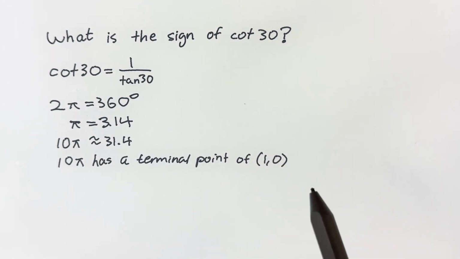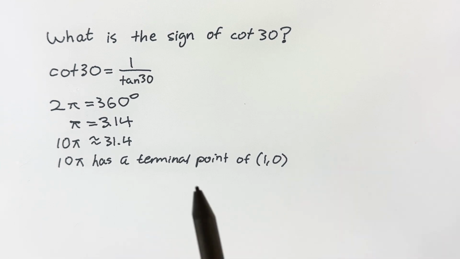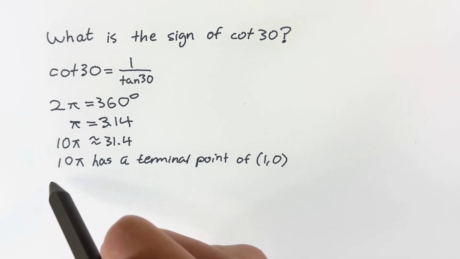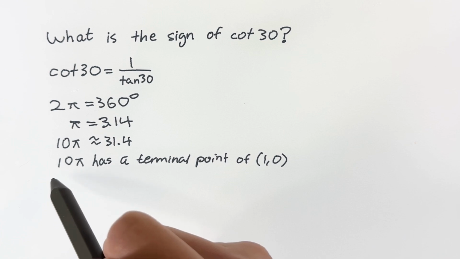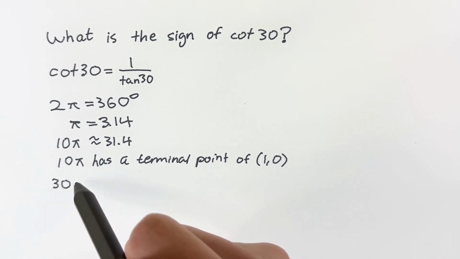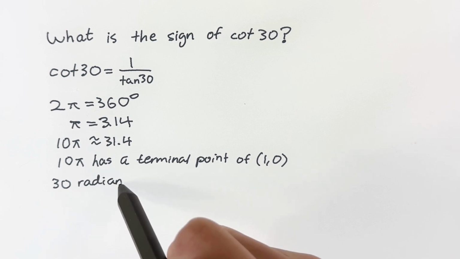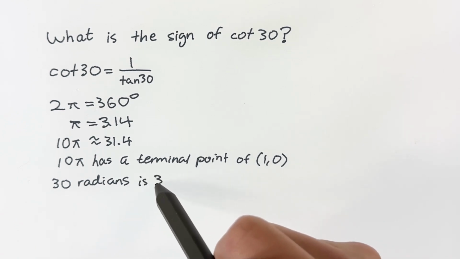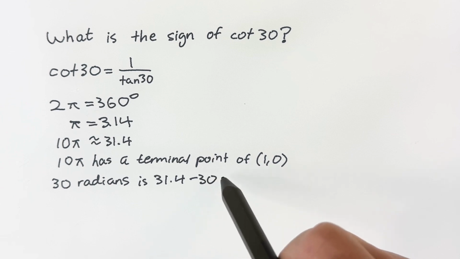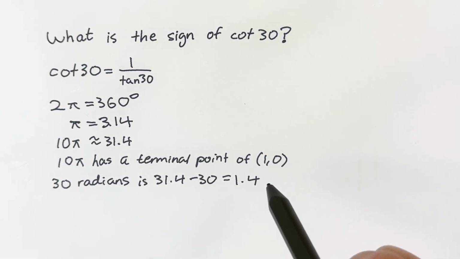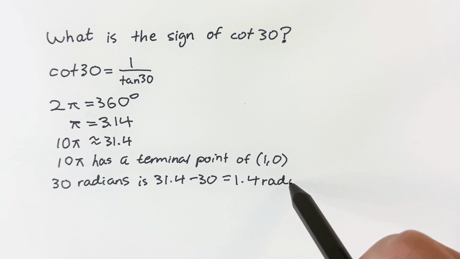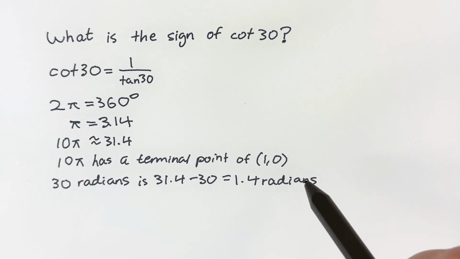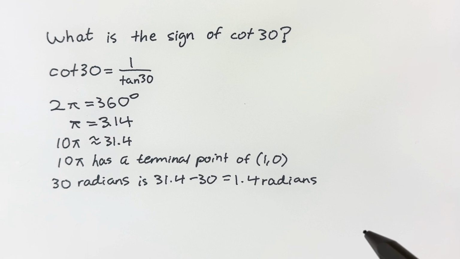So now, using this information, we'll get that 30 radians is approximately 31.4 minus 30, which equals 1.4 radians clockwise from (1, 0).